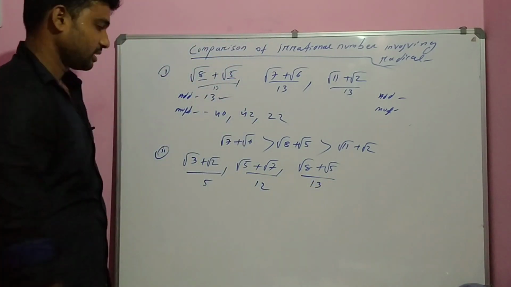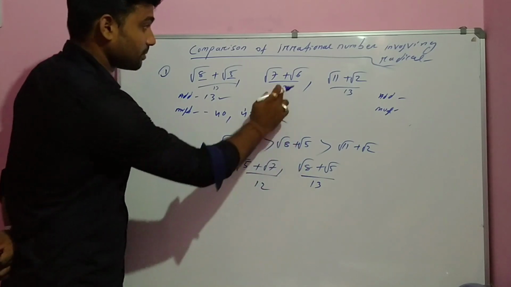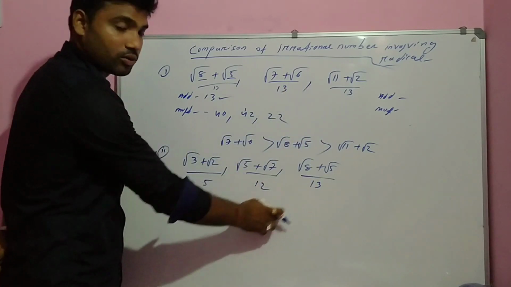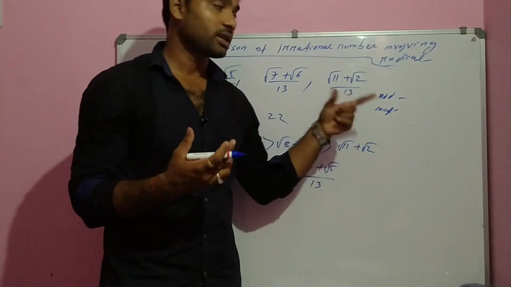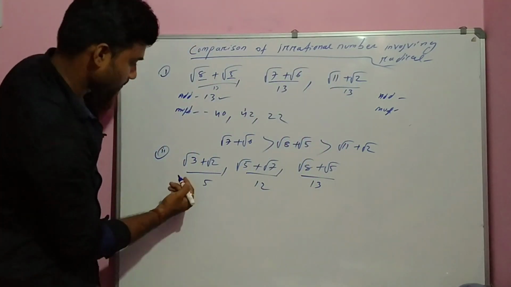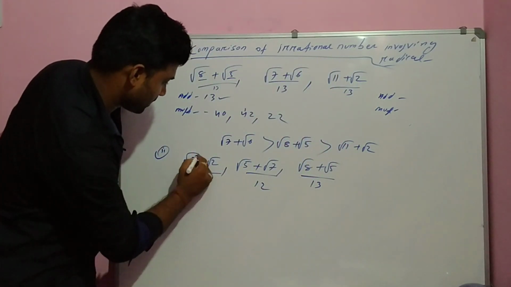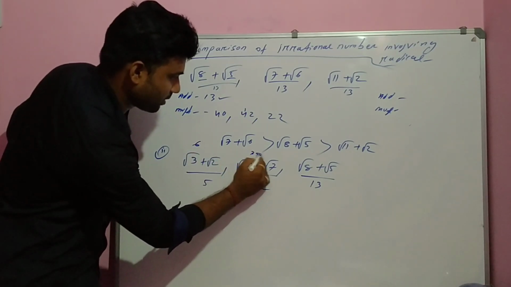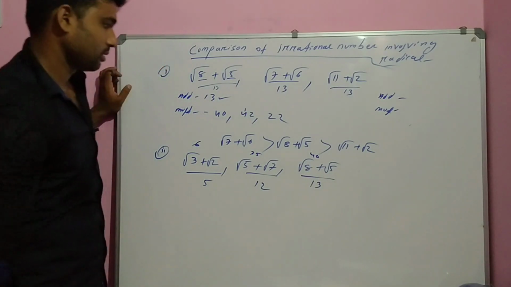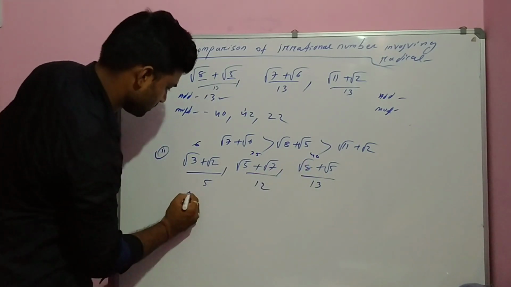Which one is the greatest? This one is the greatest. If the addition is the same, then we can do the multiplication. If the product of both numbers is also the same, then we follow the addition. If you multiply, it will be 6, 35, 40. Obviously this one is the greatest.